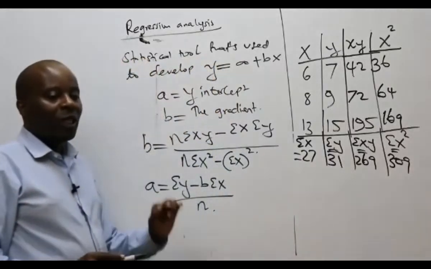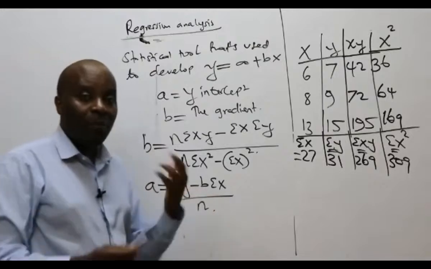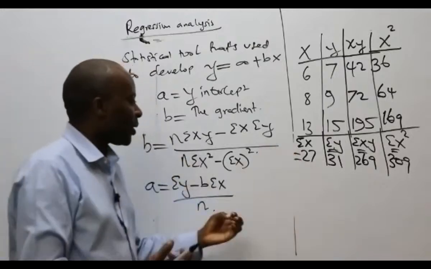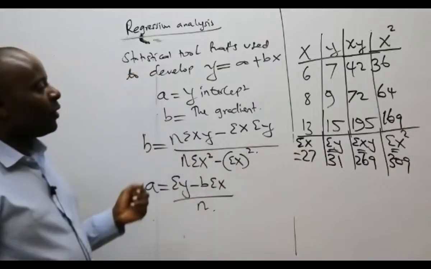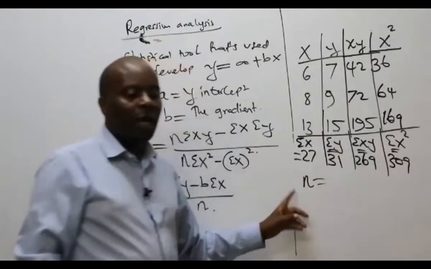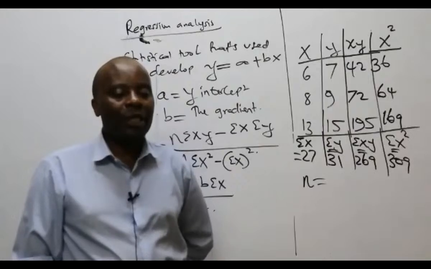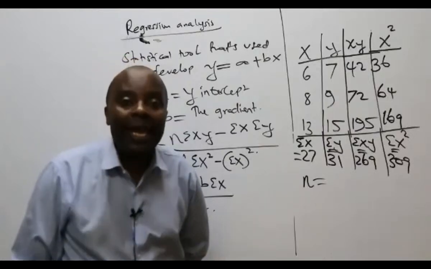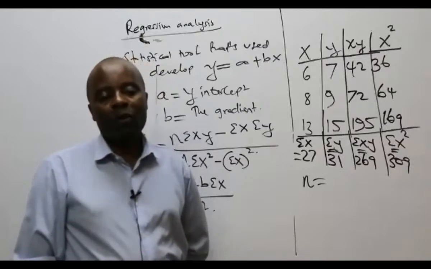Now, ladies and gentlemen, I would want us to move to the next level, which is plugging these summations into the formulas. The very first thing I would want some good student to tell me is the value of n. N stands for number of points.